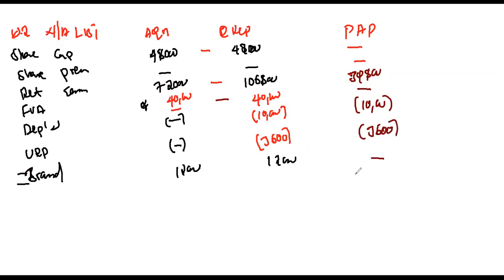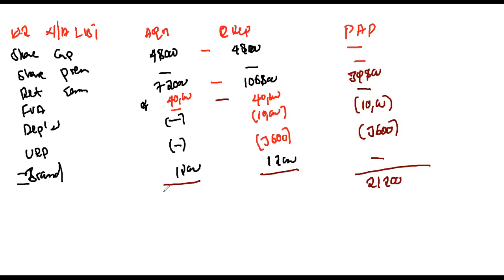There we have it, so we have the total. So what's our total post-acquisition profit? 34,800 minus 10, that is 24,800, minus 3,600, that is 21,200.